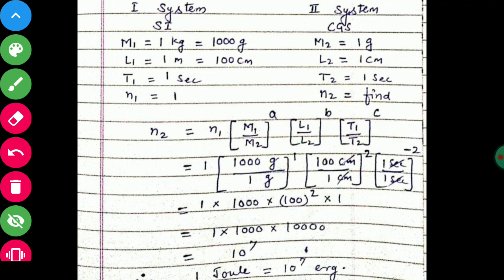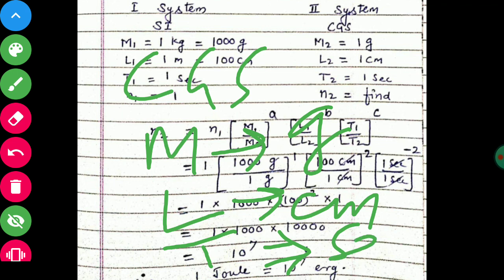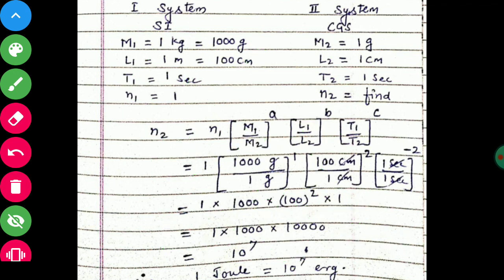And in the CGS system, mass is measured in gram, length in centimeter, and time in second. So we are using these things here.